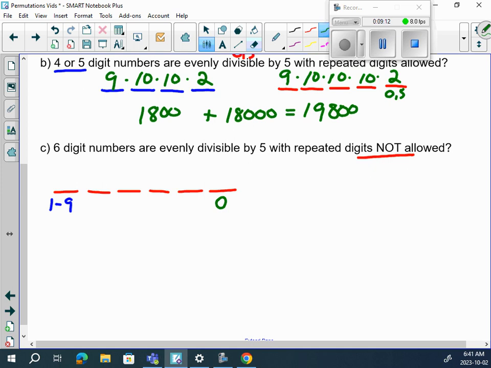I need to handle it with the 0 specifically. When the 0 is there, there's only one way for that to happen. That leaves me 9 possibilities out front and no repeated digits. So now I've used up my 0, and I've used up some other number out front. That means I'm going to have 8 values left here, then 7, then 6, then 5. But again, that's only the possibility that specifically ends in 0.